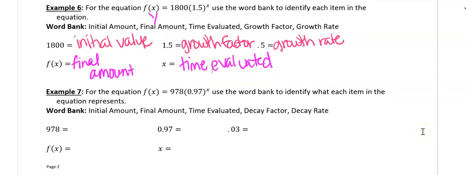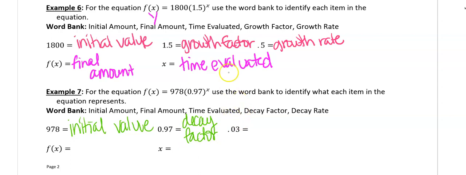So for number 7, normally I'd like y'all to do it on your own. So if you pause right here and take a second to do it, and then we will show the answers. Okay. 978 is our initial value, the initial amount. 0.97 is the decay factor. 0.03 is the decay rate.